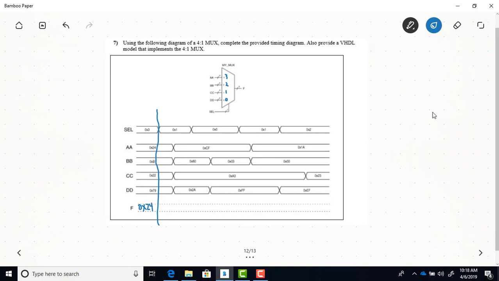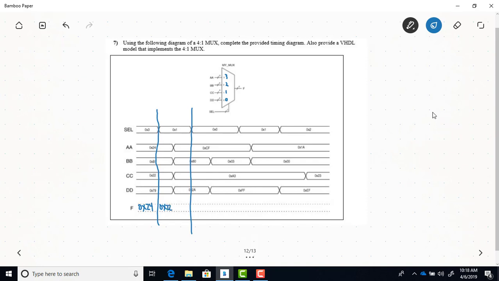Okay, so then now our select line changes. Okay, our select line changes to 1. So that means data CC is going to get passed through to the output. So here the output changes to the CC data of hex 22.